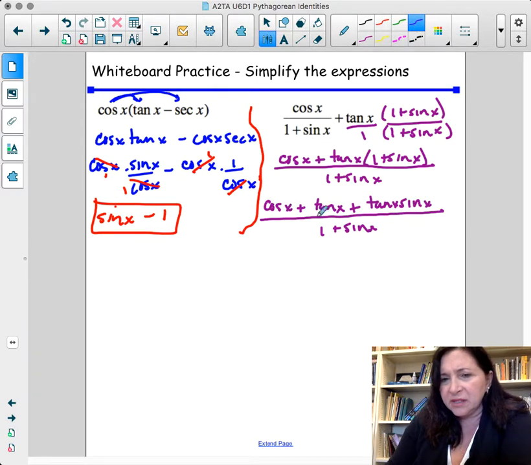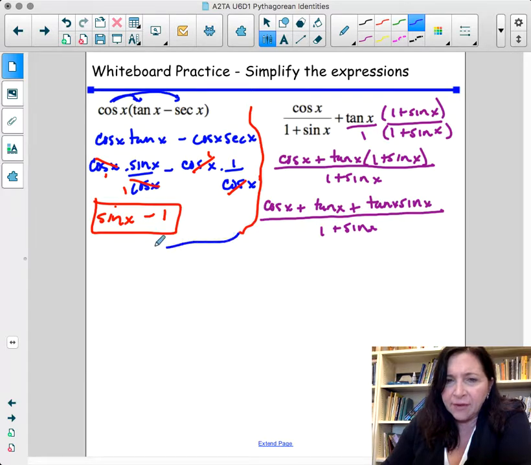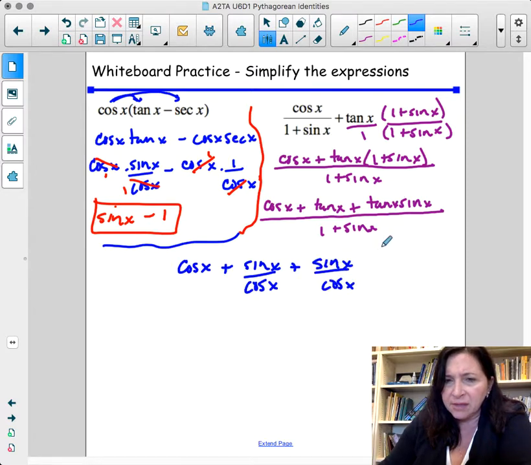And so the next thing I'm going to do is try to get all of my tangents, and make everything sines and cosines. So what I have here is cosine of x plus tangent, which is sine of x over cosine of x, plus tangent, which is another sine of x over cosine of x, times sine of x.